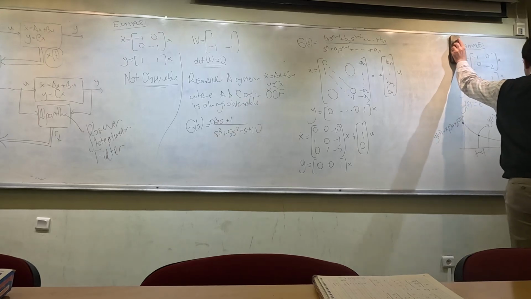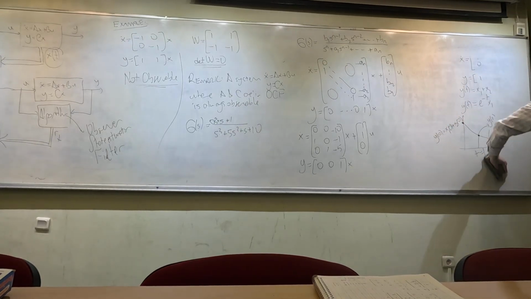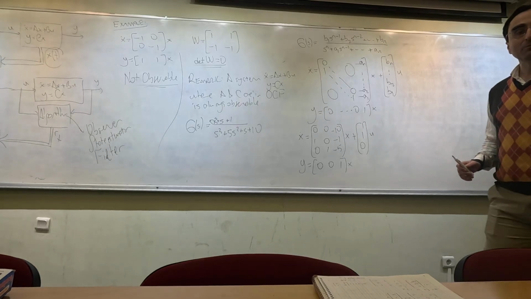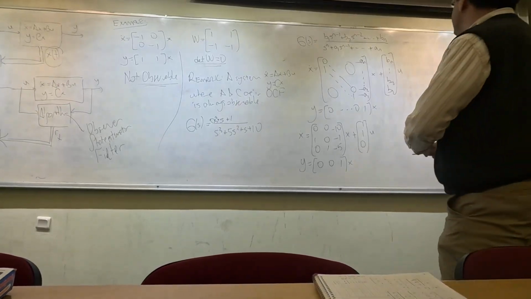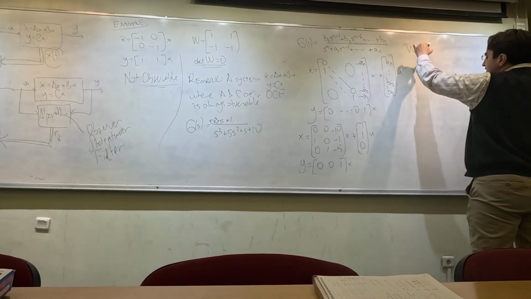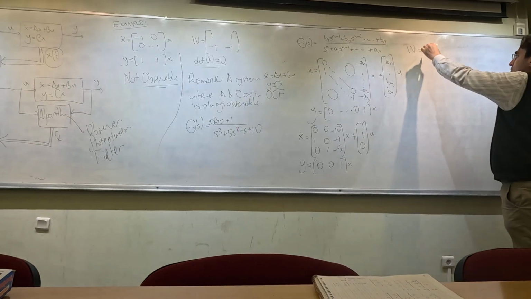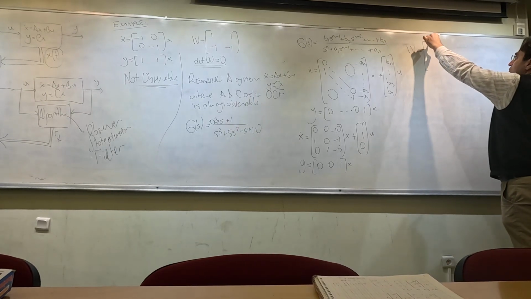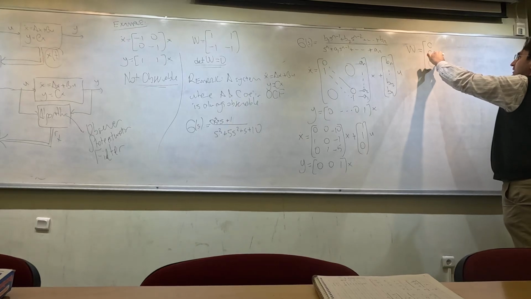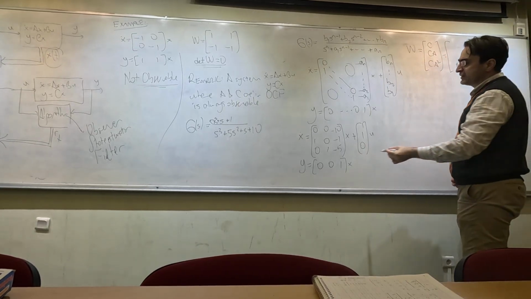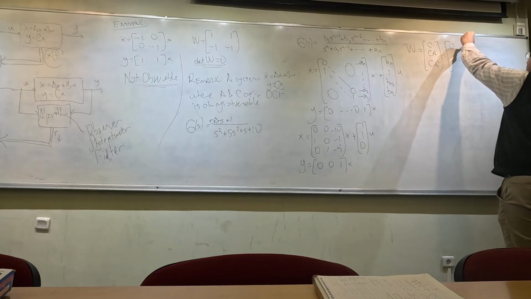And now all I have to do is to calculate the observability matrix, which is called W. In this case, n is equal to 3, which means that W is going to contain 3 rows: C, CA, and CA squared. Here C is 0, 0, 1.